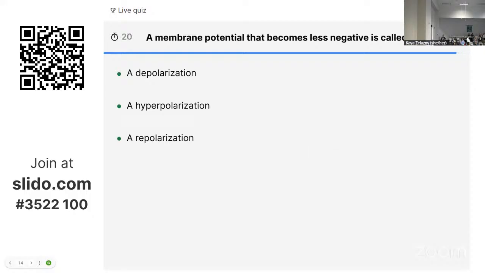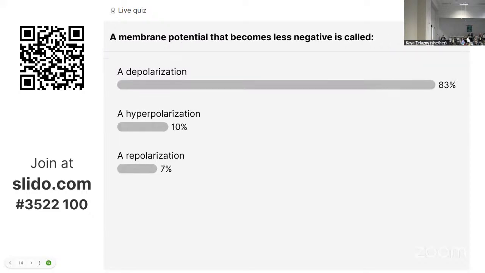If we have a membrane potential that gets less negative, what is the word for that? So for -70, and we start to go up in a positive direction, that is one of these words. Excellent.